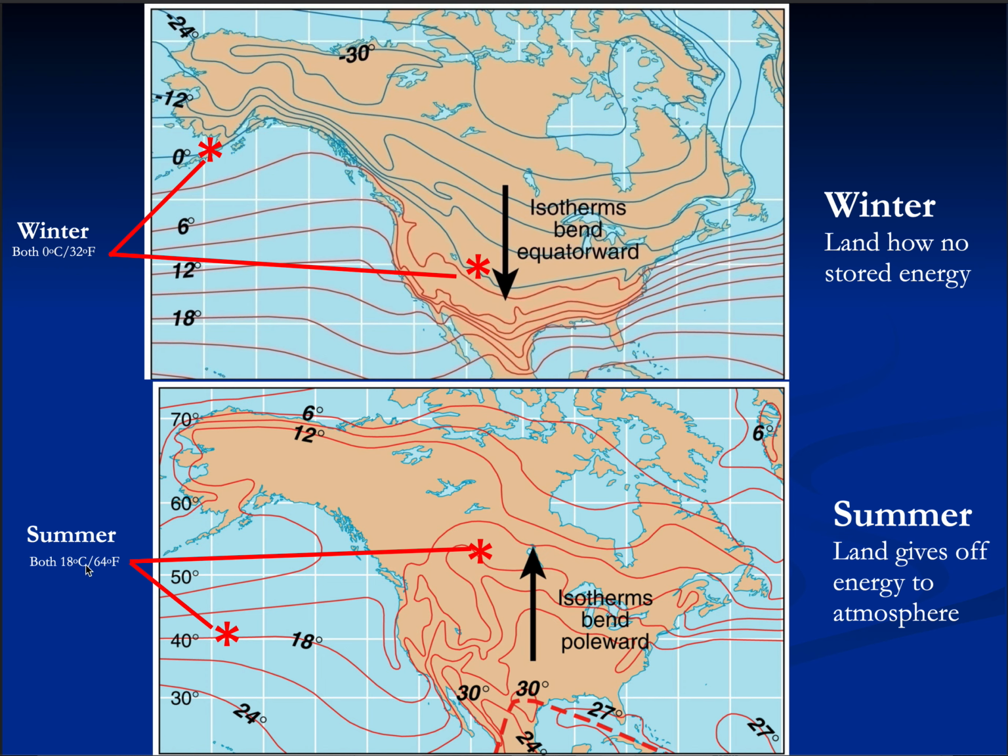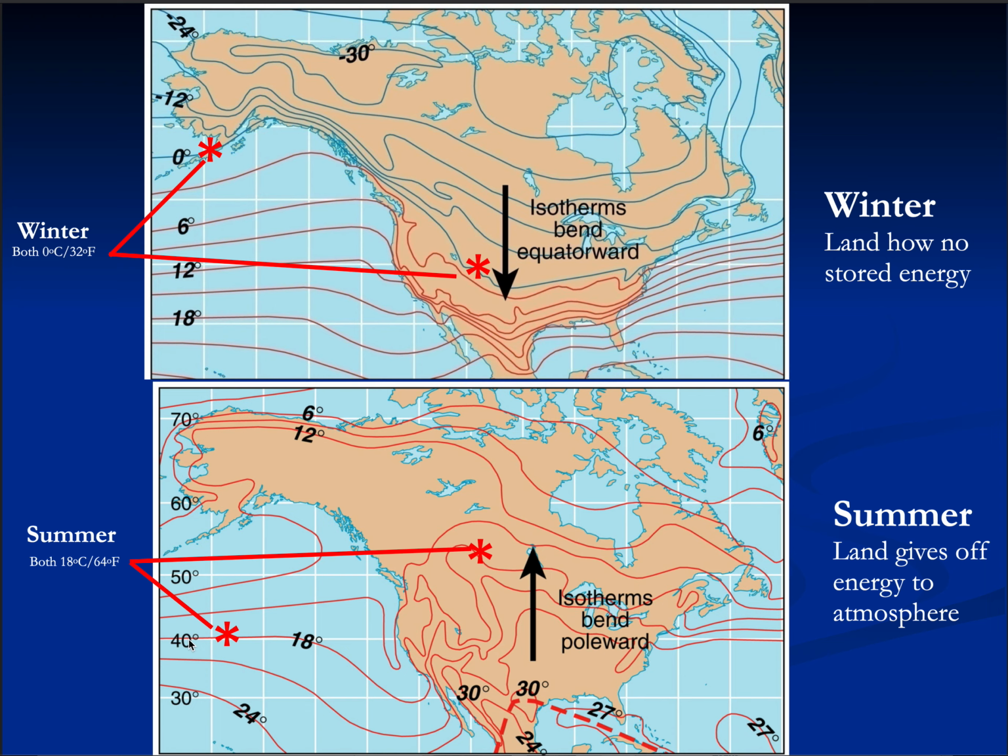In the summer, the opposite is true. The isotherms are bending away from the equator, or bending towards the poles, and the water bodies are cooler because they're taking up heat. They're not radiating heat. This is giving up heat. This has got no heat to give up. This is giving up heat. All right, so this is what's happening here.